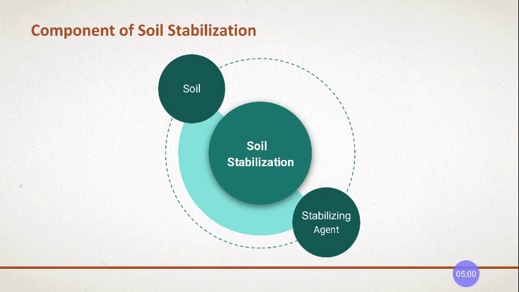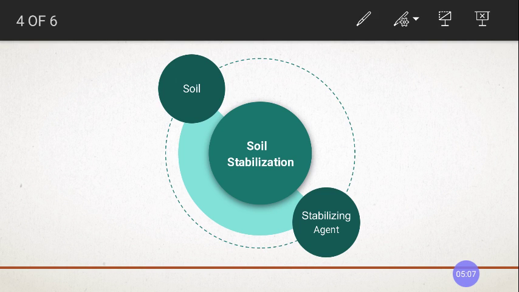What are the components of soil stabilization? Obviously we need a soil. If there is no soil, then how can we do the stabilization, right? We add soil with a stabilizing agent, the chemical that we were speaking about. What are those chemicals? We'll come to that in the next slides, but for now we call it a stabilizing agent.